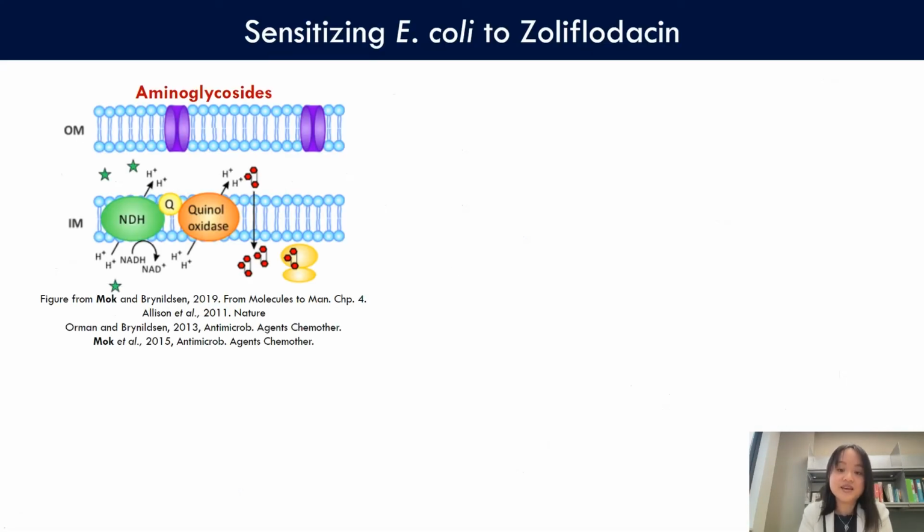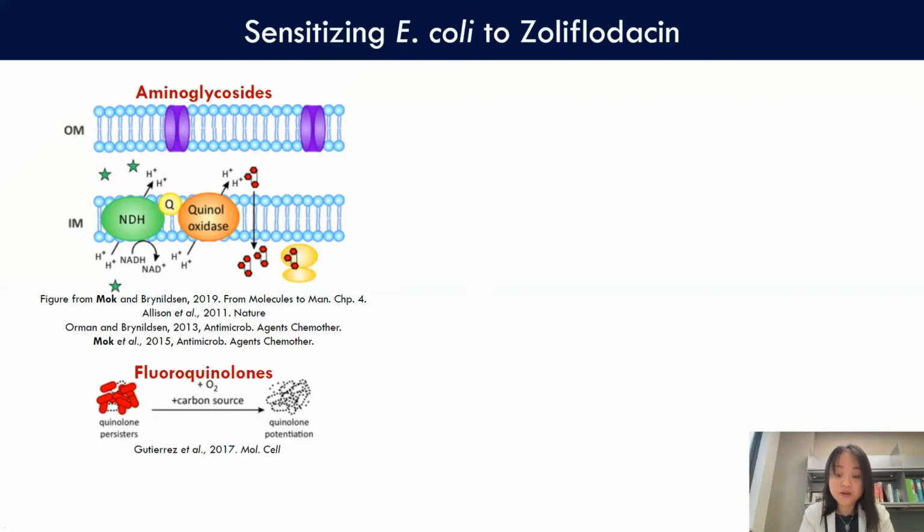So previously, it has been demonstrated that bacterial persisters and cells that are in a slow or non-growing stage can still retain metabolic capacity, and they can respond to metabolic stimulation, which can sensitize them to different classes of antibiotics. These include aminoglycosides that target the ribosome, fluoroquinolones, and nitrofurans.